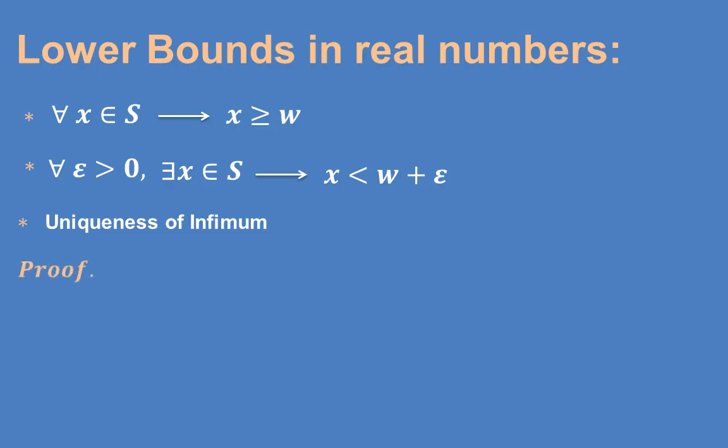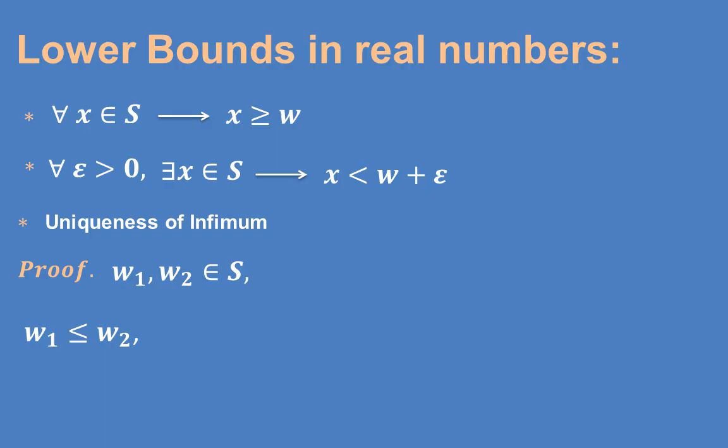To prove this property, let W1 and W2 be two infima of the set S. Then, W1 and W2 are both lower bounds of S. And since W1 is an infimum of S, and W2 is a lower bound of S, therefore, W1 is less than or equal to W2.